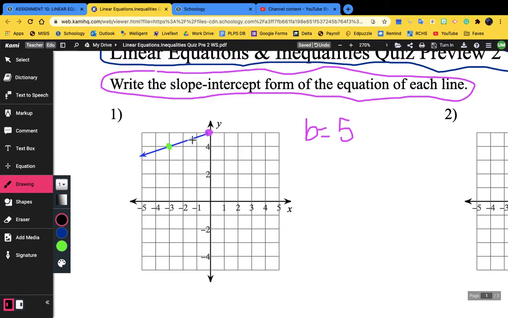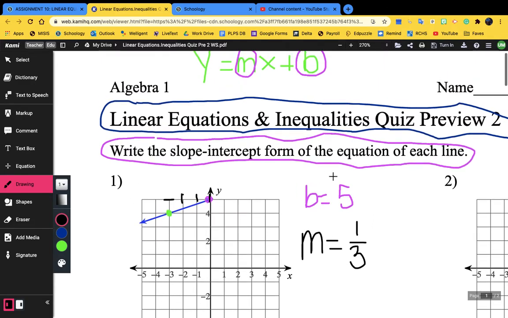To go there, I have to go up 1 and to the right. So up 1 means that m is equal to positive 1, over to the right 1, 2, 3, to the right 3.